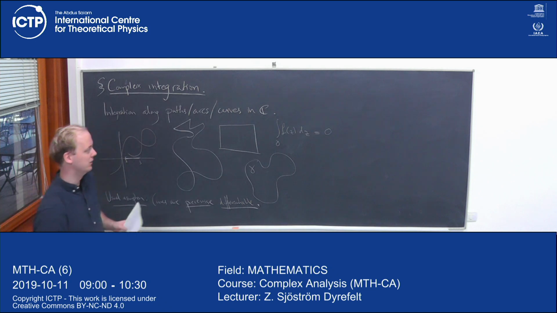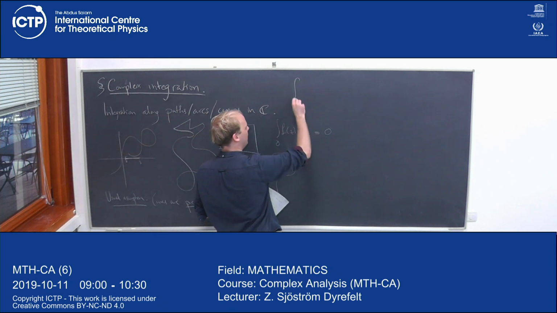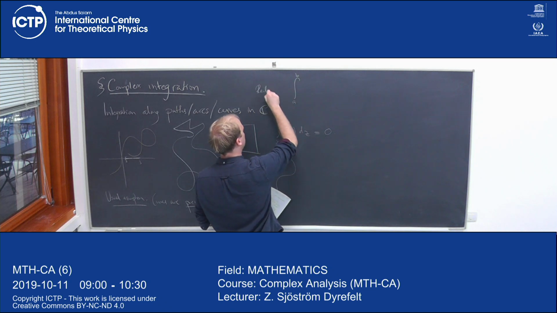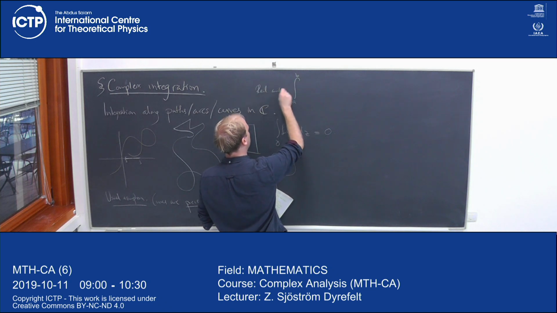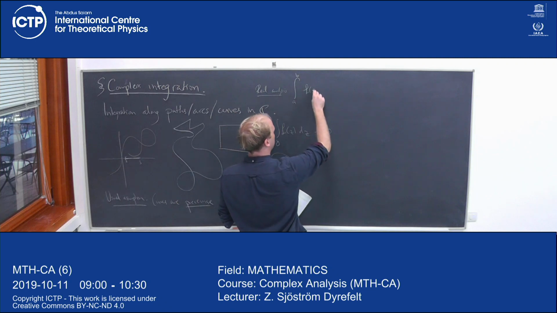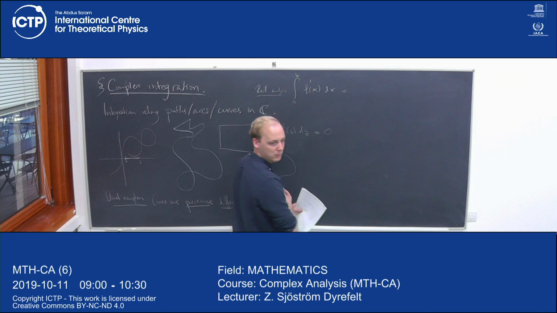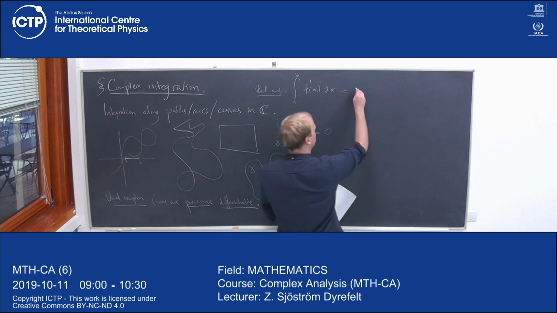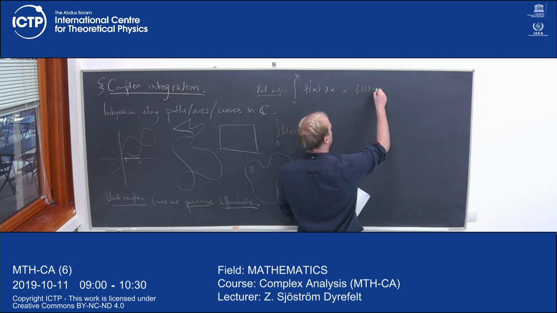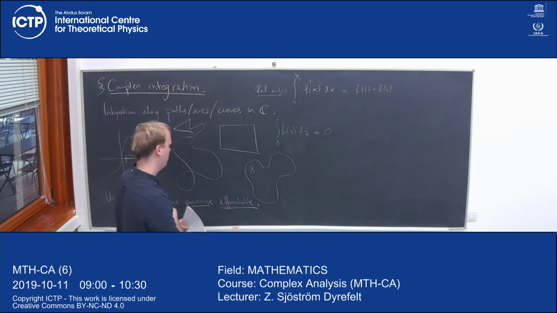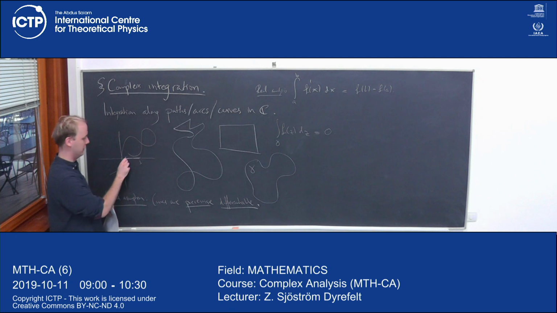And the reason for this is, of course, that in real analysis, you have this integral of f of x dx. Well, if this is f prime, so it has a primitive function, then this is equal to f of b minus f of a. Okay? But in real analysis, I told you we usually integrate along these intervals, and this is not a closed curve, right?